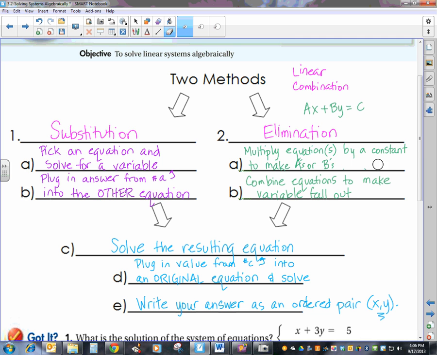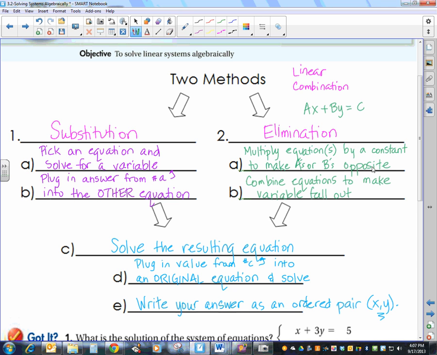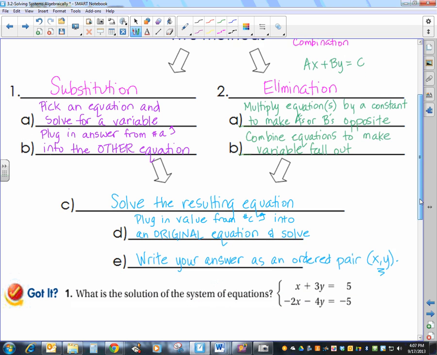Instead of fall out here, make A or B's opposites of each other. And you'll see as we go through. Okay? Multiply your equations by a constant to make A or B opposite. Then combine your equations to make a variable fall out. So when one variable falls out, you're left with the resulting equation with one variable, and then the rest of your steps are the same.